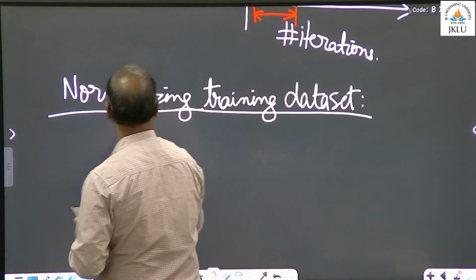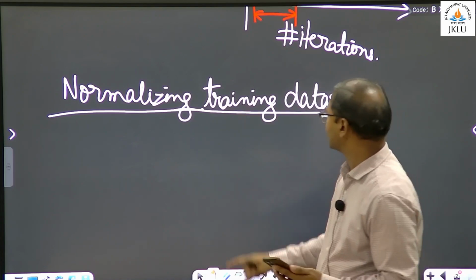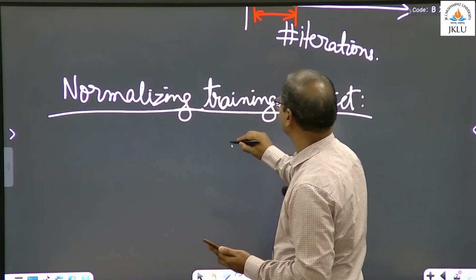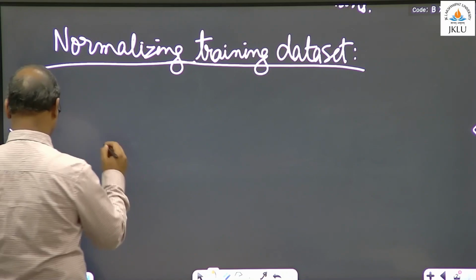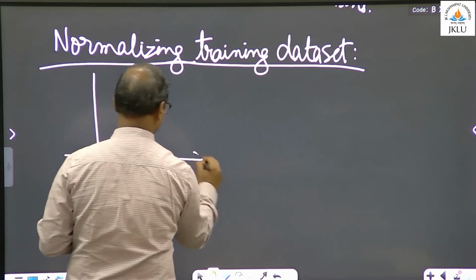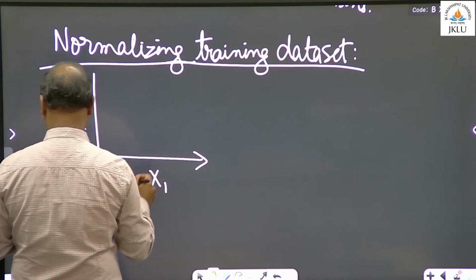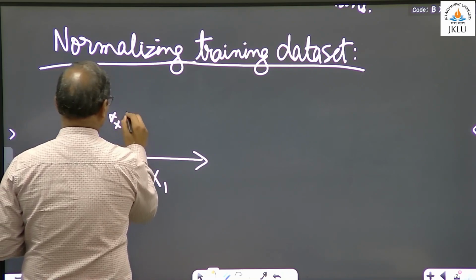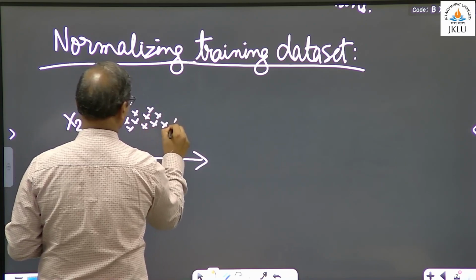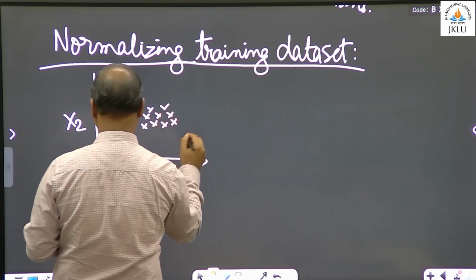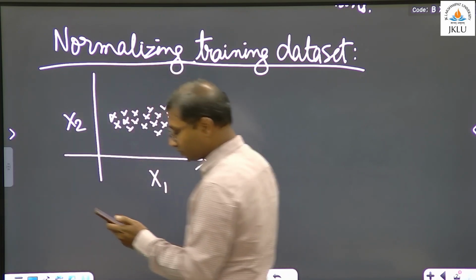This is again something you will see everywhere, whichever PyTorch or TensorFlow code you see, normalization, particularly in computer vision. Okay, you have something like this.